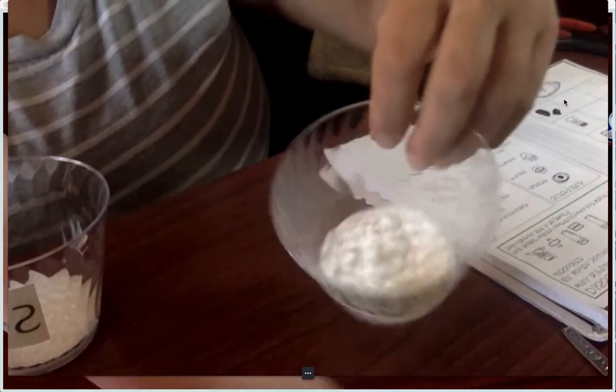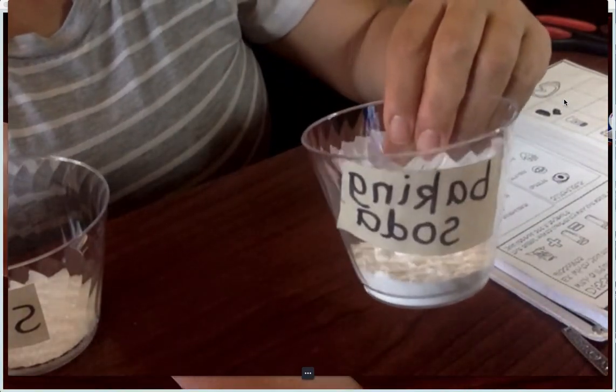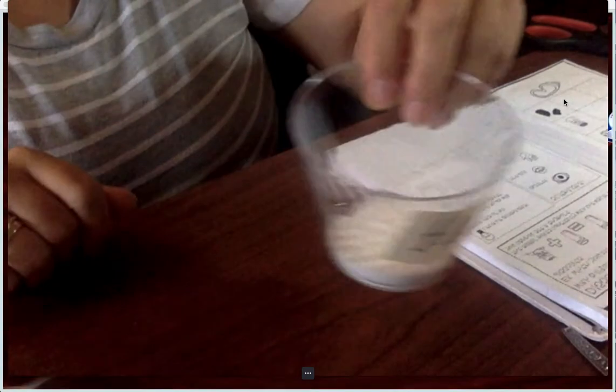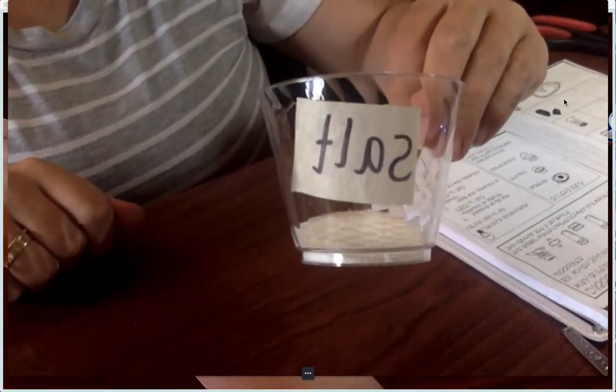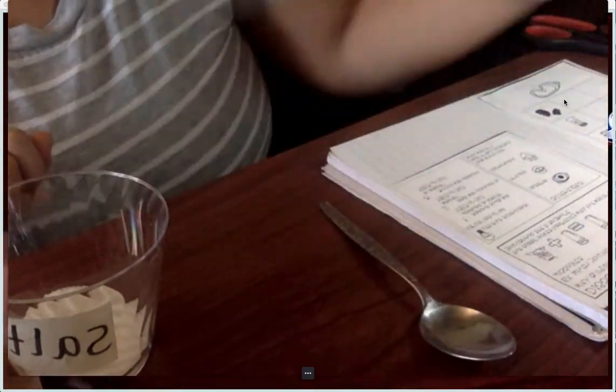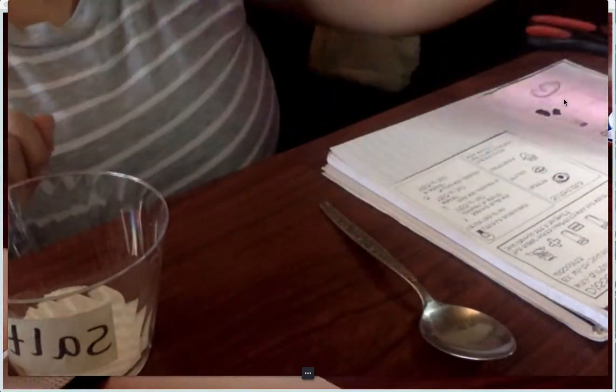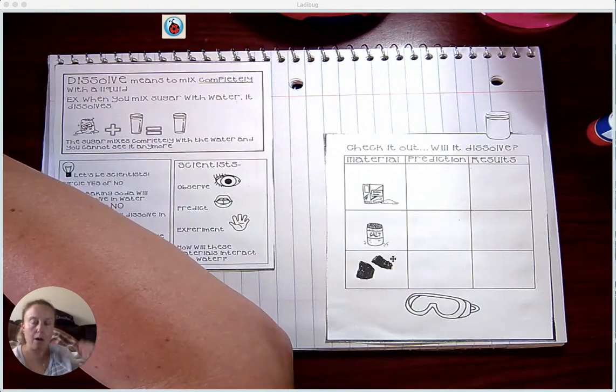About 2 tablespoons of baking soda. And another 2 tablespoons of salt. Okay. I also have a spoon and a bottle of water that's easy to pour from. Okay. So now that we can do that, now I'm going to try to get small again. There I am. All right.